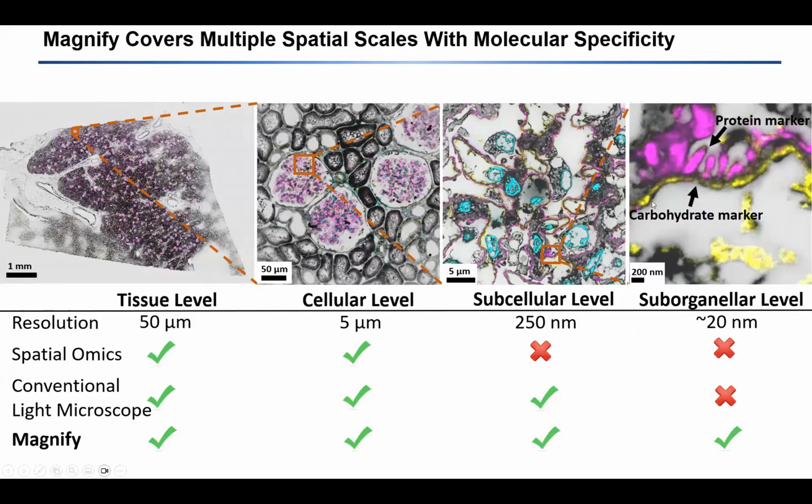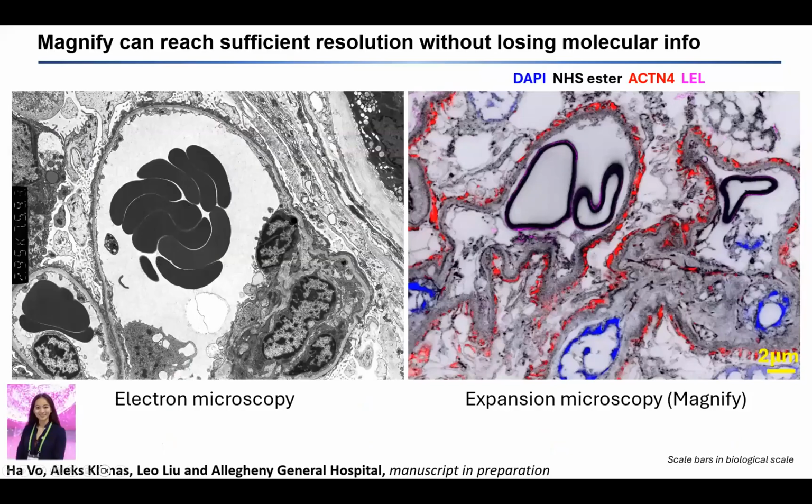For example, in this case, directly visualize the kidney foot processes while still being able to do immunofluorescence staining, so that you can get the molecular contrast that you need to tell the difference between different markers. In this case, I just want to showcase some of the ongoing study using Magnify expansion microscopy.